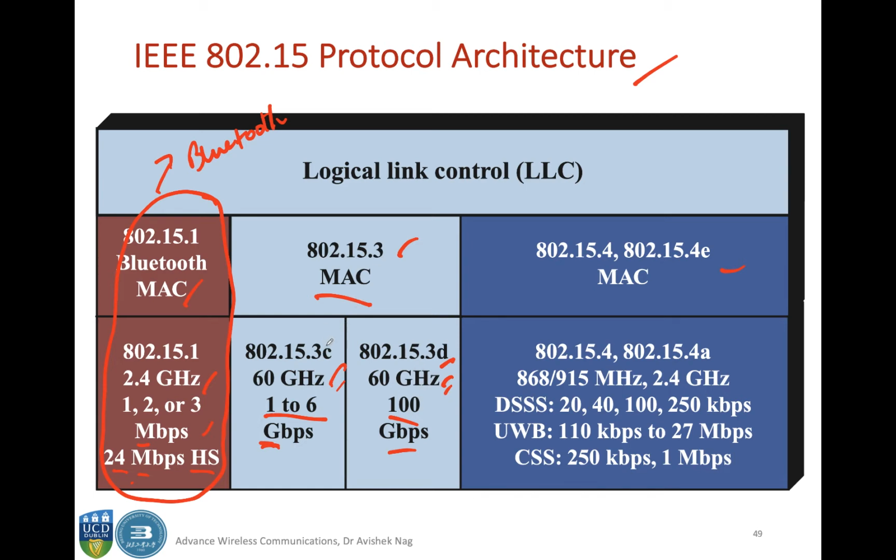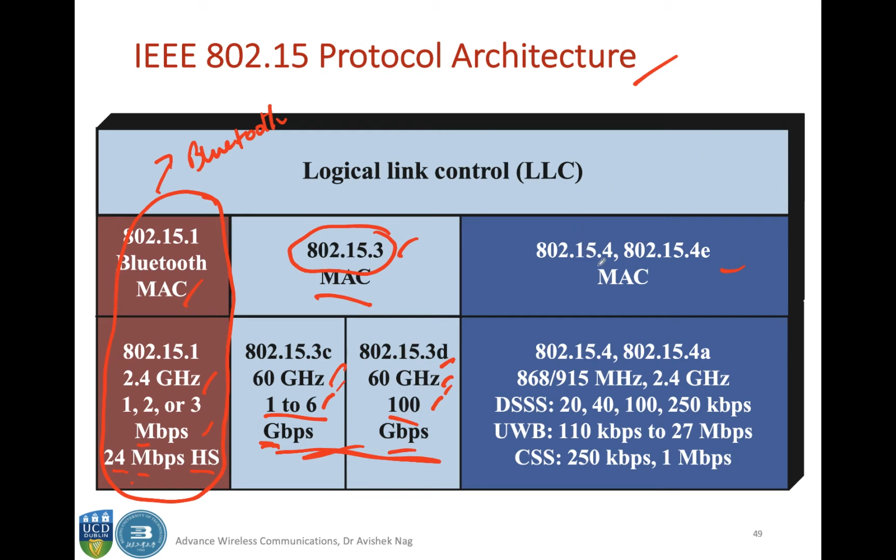These are again different parts of 802.15.3 with different data rates, but generally speaking these data rates are higher. So 802.15.3 is mostly dealing with the high data rate versions.